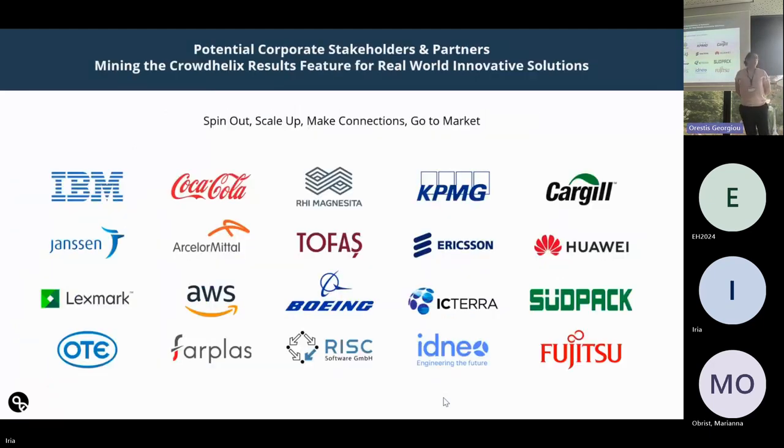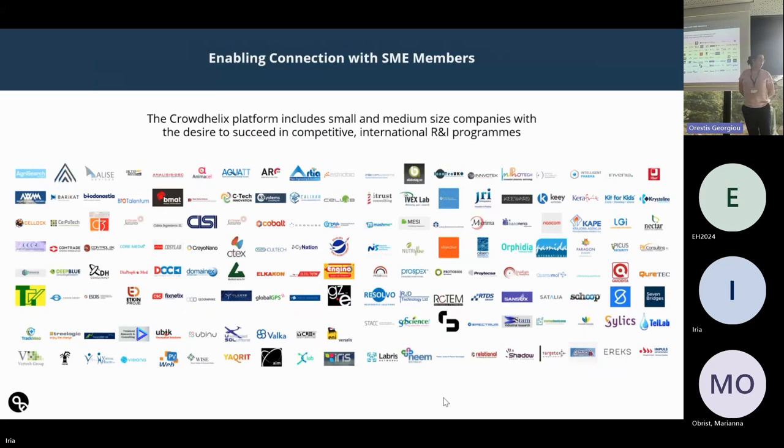Here are some of the corporate partners that are part of the platform and that you can collaborate with. So these are partners that are interested to take products and services into the market, like Huawei, Ericsson, IBM, Fujitsu, Boeing, Lexmark. And we also have a large number of companies that are part of the platform and are interested in forming collaborations.